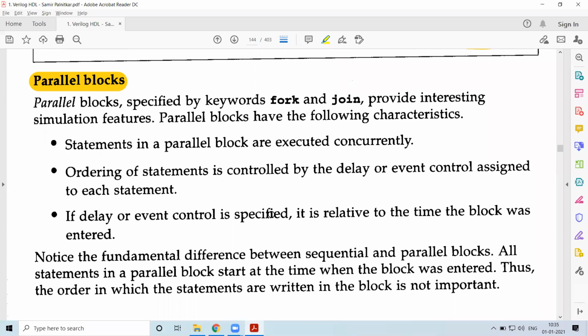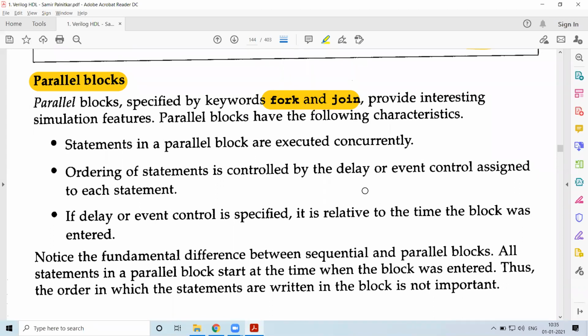The instructions will be executed parallelly. In order to have the block parallel in nature, we go for the keywords fork and join. Previously we used begin and end; instead of begin and end, we use fork and join.